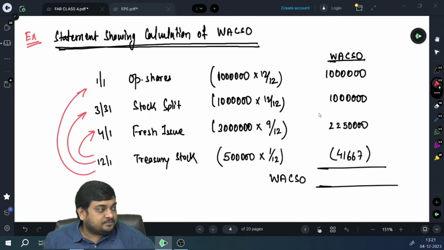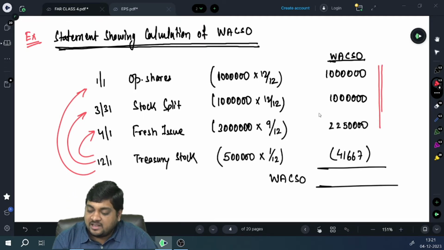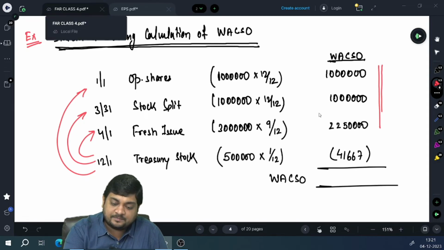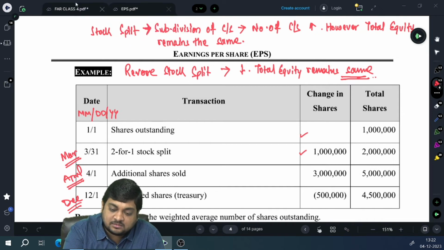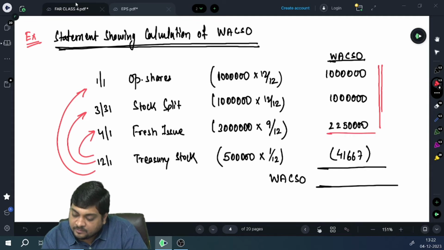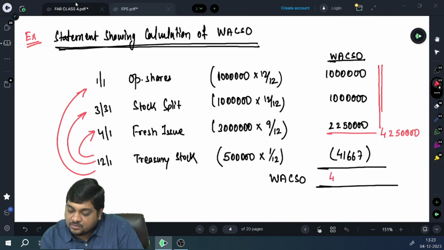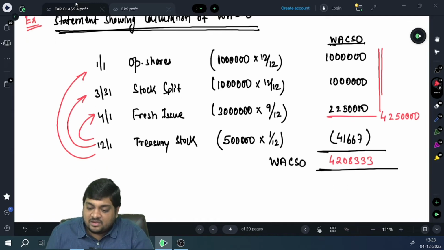So for 1 month it is not outstanding, so subtract it. Just do the calculation. This is 42 lakh 50,000. So we get 42 lakh 08,333. This is one way of doing it.